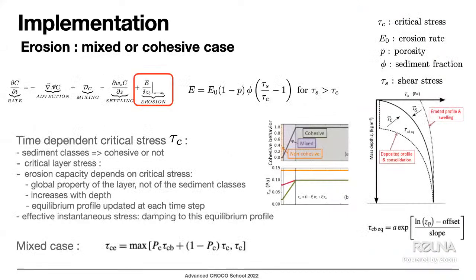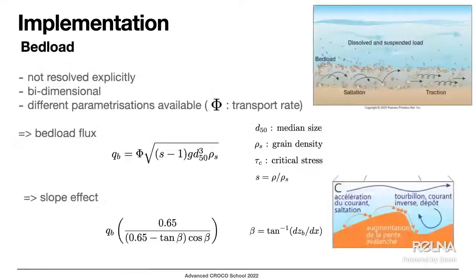And so in the mixed case, we have a stress which is a mixture between the cohesive stress and the non-cohesive stress. So for the bedload implementation, this is the phenomenon where the sediment is moving, but not in the water column, still in the sediment column, just by rolling or by a small saltation like this.